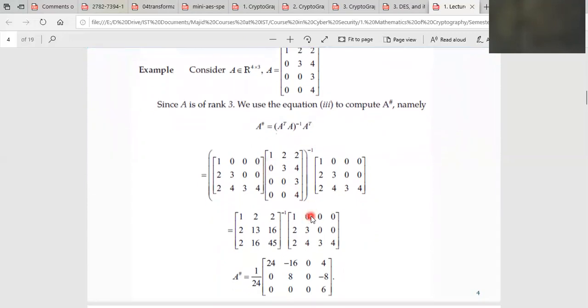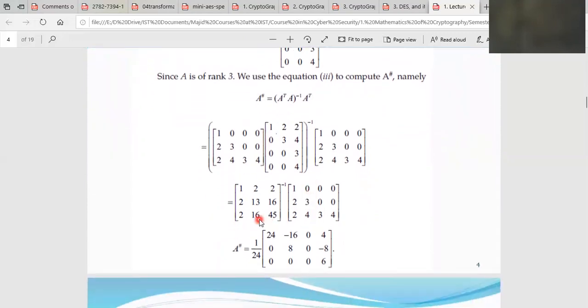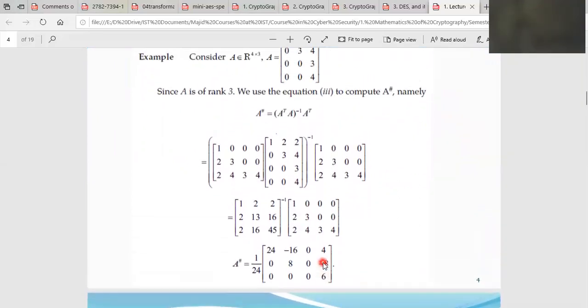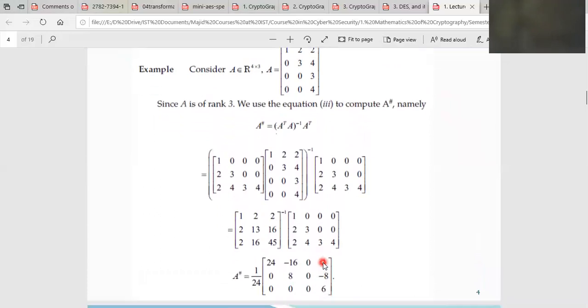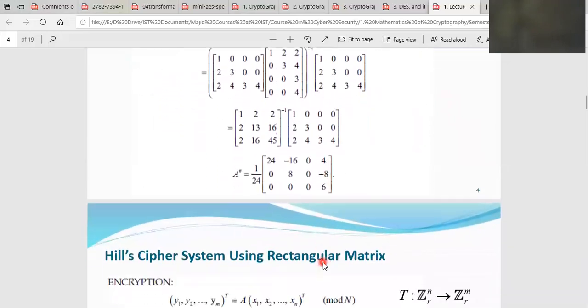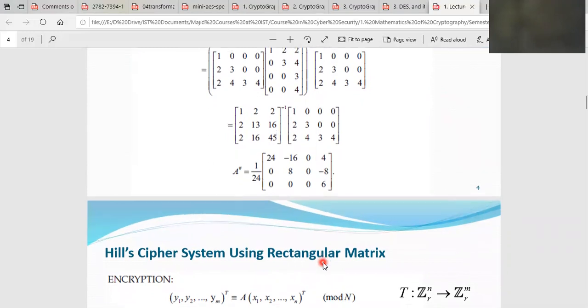So we will ultimately get the pseudo-inverse of A, which is A hash equal to 1 over 24, 2400 minus 16, 80, 4 minus 8 and 6. It will be very good if you can find out these calculations over MATLAB or Maple. That will be very good for you in order to apply this method to some digital medium.